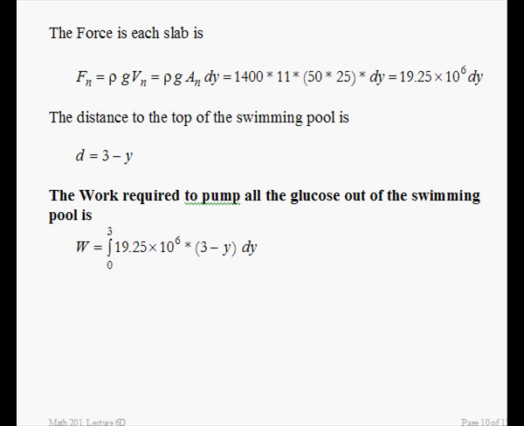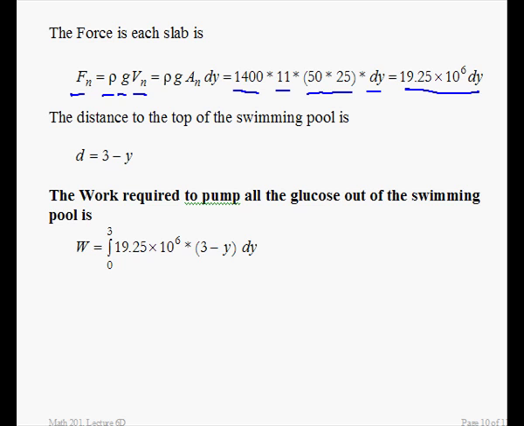So the force in each slab, because we're in MKS units, is that density times the acceleration due to gravity times the volume. The density was 1,400 kilograms per cubic meter. I have to multiply by the acceleration due to gravity on Saturn, which is 11. I need to multiply by the cross-sectional area, which is 50 times 25, and then times dy. So here's the expression for force.